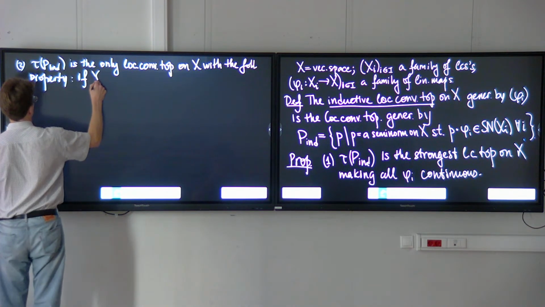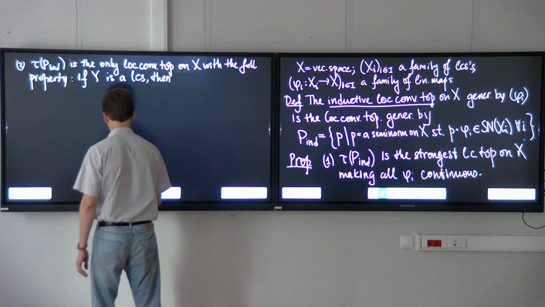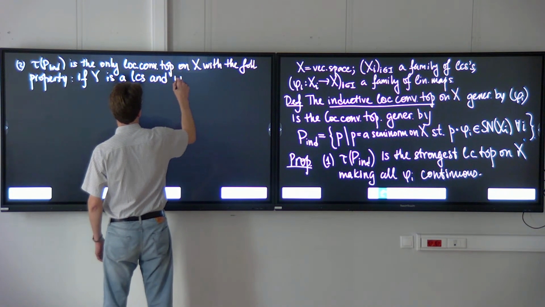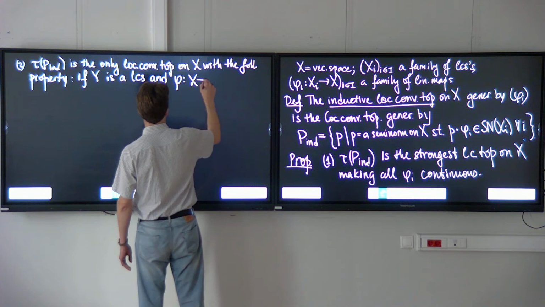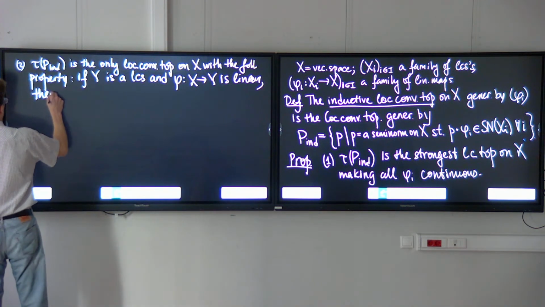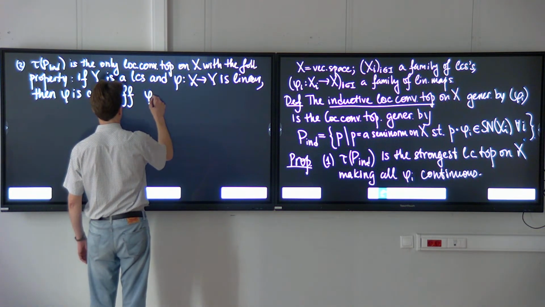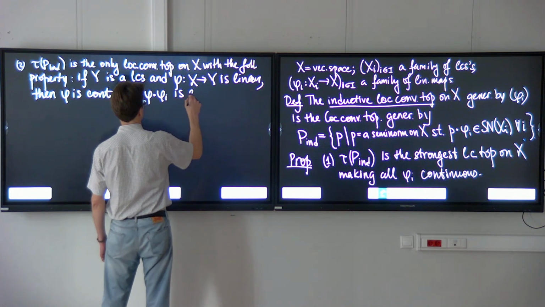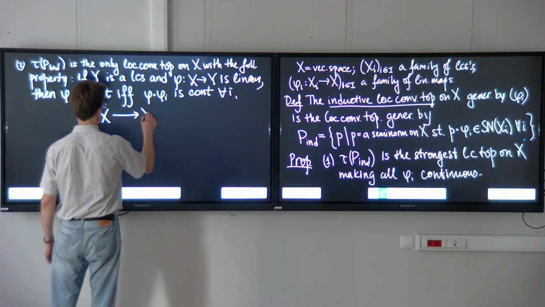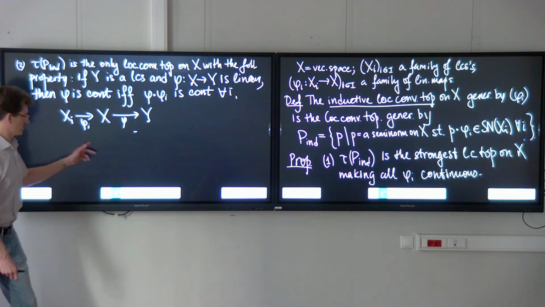If Y is a locally convex space, and we have a linear map phi from X to Y, then this map phi is continuous if and only if all such compositions phi composed with phi_i are continuous, for every i. So the picture looks as follows. This is phi, and this is phi_i.